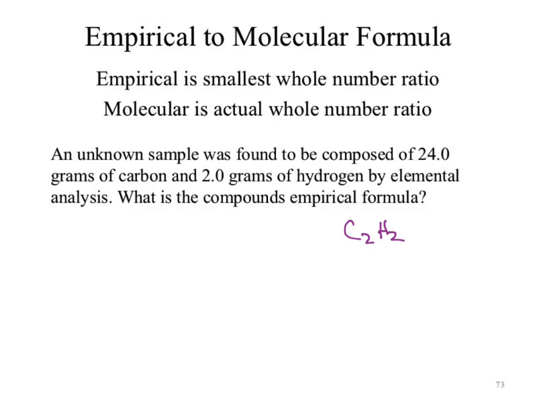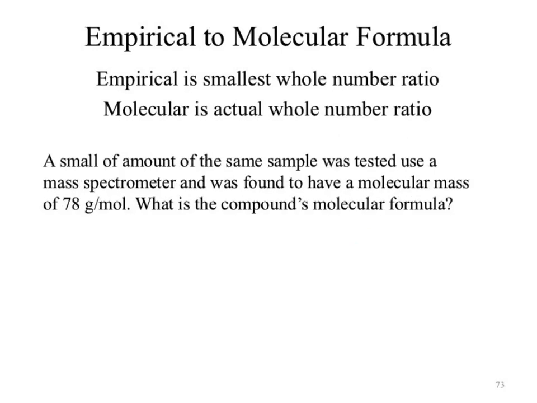We don't know how many of those individual molecules are present, so we can't determine that exact ratio. So all those numbers give us is C1H1. To get the molecular formula, I have to know the molecular mass.